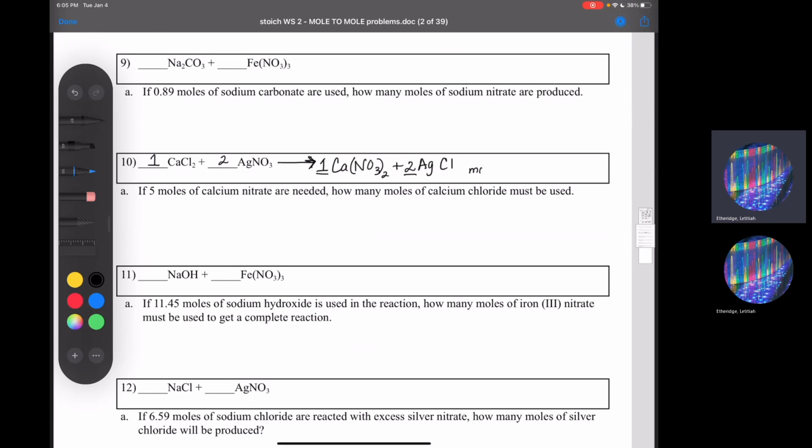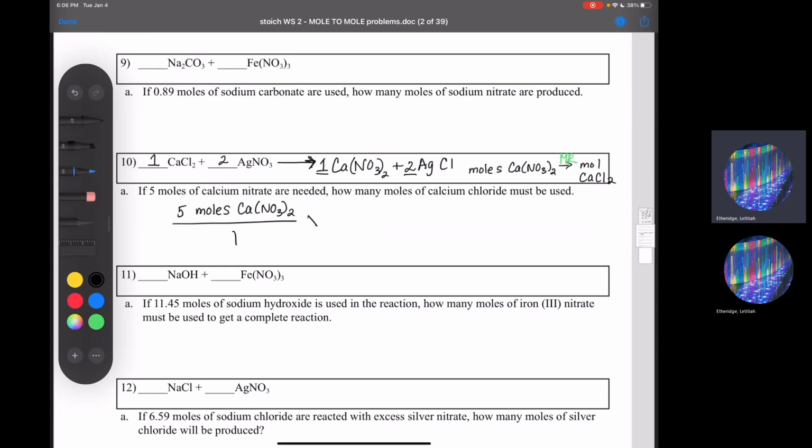The problem is telling you that you start with moles of calcium nitrate, and it wants to know how many moles of calcium chloride you are going to produce in this reaction. Just like all the other problems on this worksheet, you're going to use mole ratio. You're starting with 5 moles of calcium nitrate.